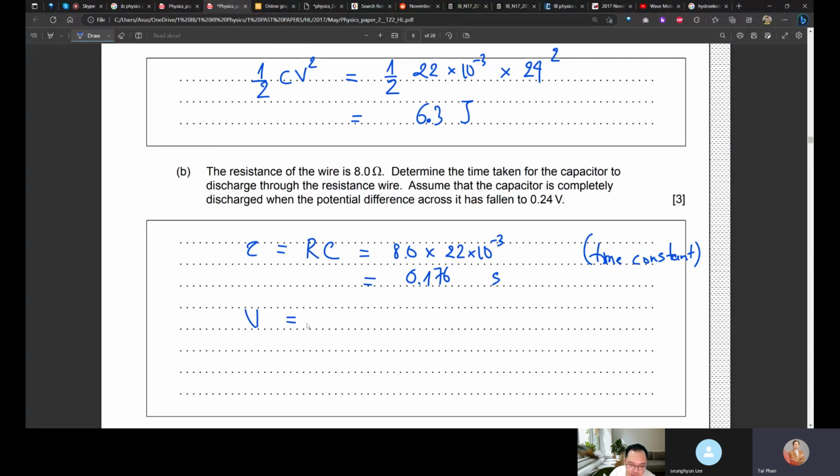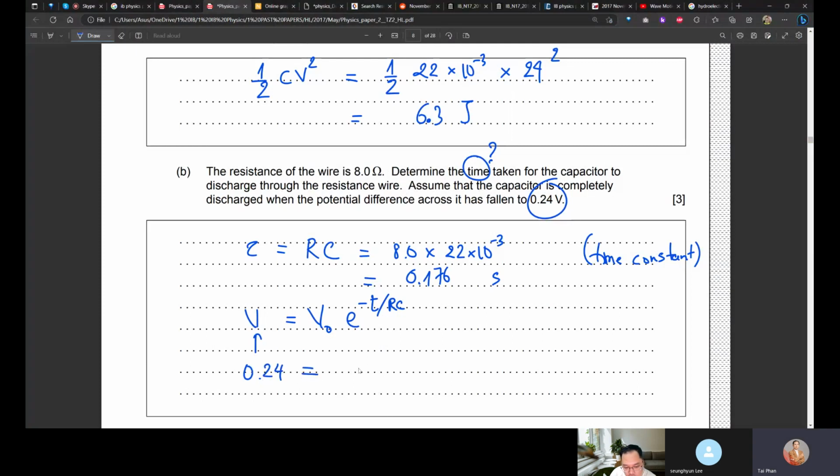The formula is V equals V0 times e to the power of minus t, the time that we need to find, divided by the time constant tau, which is RC. Use that formula. V here is the final voltage, 0.24.